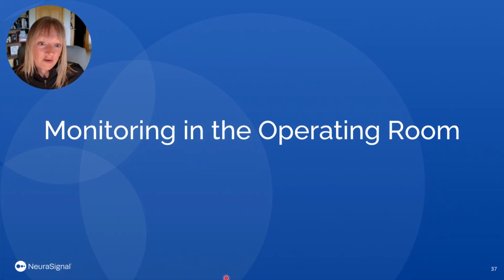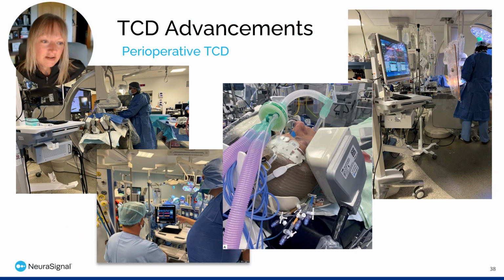Another way of using TCD is in the operating room. We have used TCD for many heart procedures, for CEAs, for many different surgeries, and we can monitor in real time if the blood flow changes, if there are multiple emboli, and anything else that the surgeon would be interested in seeing in what the blood flow is doing during these procedures.